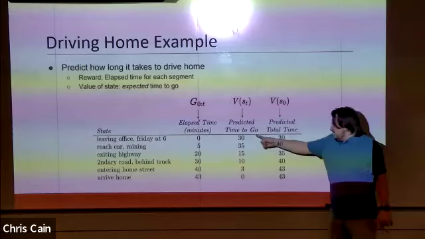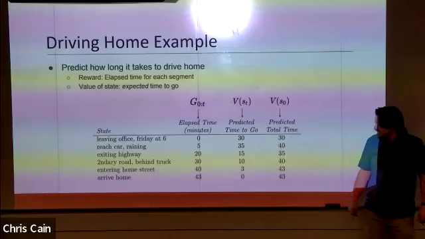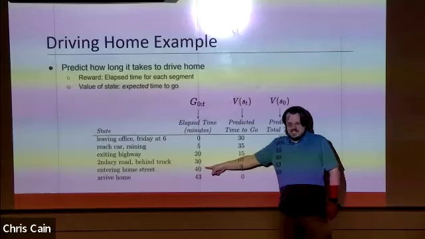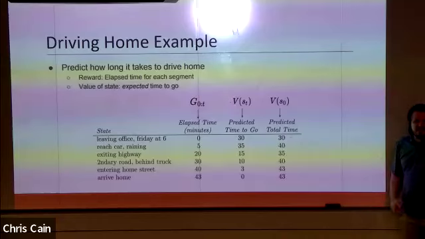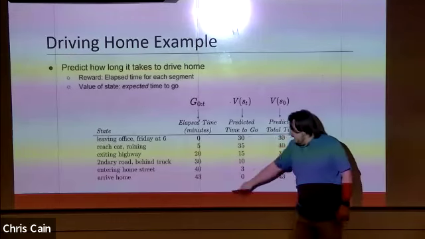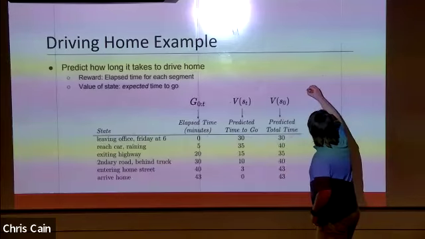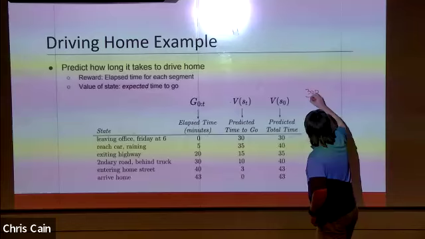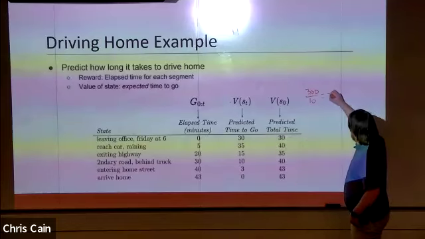Monte Carlo would think throughout this entire thing, the estimate for how long it's going to take is 30 minutes. At this point, the estimate for how long it's going to take to get home is -10 minutes. You're not taking into account having been in this state, you're waiting for the trajectory to finish, and then you have one instance of historically it's taken 30 minutes, now I have maybe there are 10 times. It's taken a total of 300 minutes over 10 instances of leaving the office Friday at 6 for an estimate of 30 minutes.